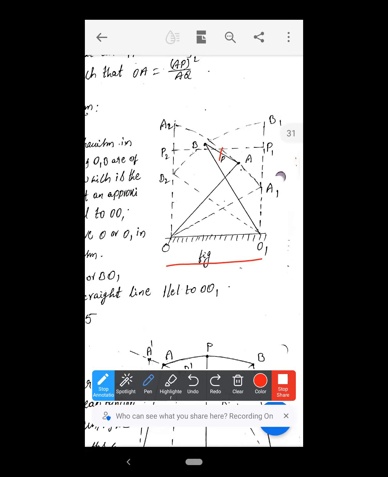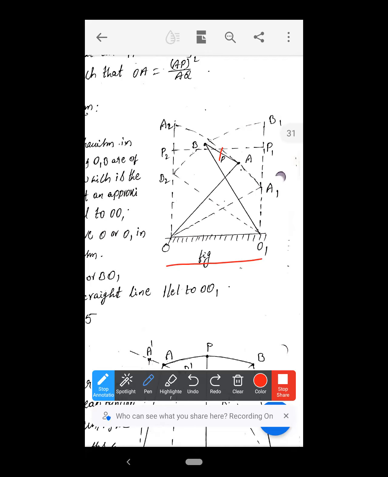Just observe P1 to P2, from the minimum, left side, to the maximum, right side. That way they maintain their motion. So the point P will achieve straight line motion here.